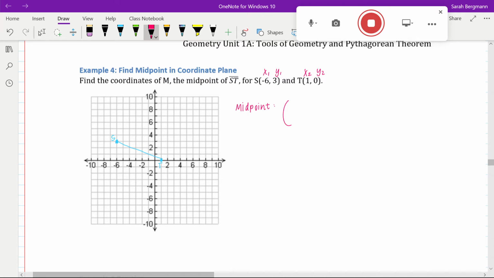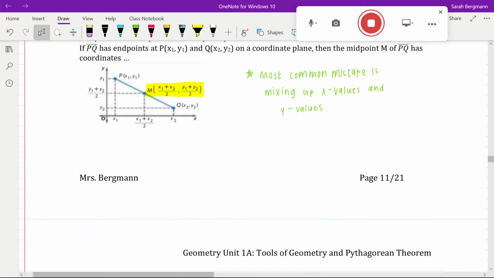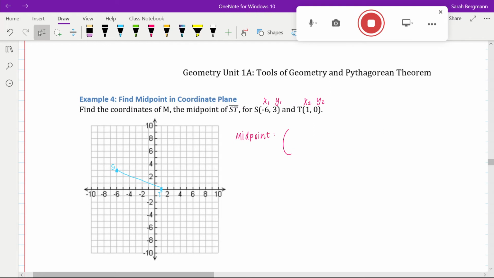So the formula, remember, was what I had highlighted here, the average of the x's and the average of the y's. So the midpoint, we're going to average the x's. So we have negative 6 plus 1 divided by 2, and our y coordinate is the average of the y's. So 3 plus 0 divided by 2. Okay, so we can simplify this. Negative 6 plus 1 is negative 5. 3 plus 0 is 3.